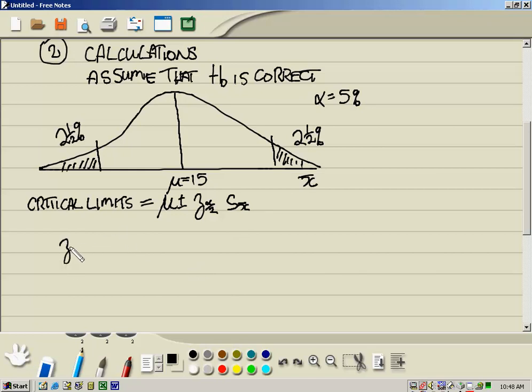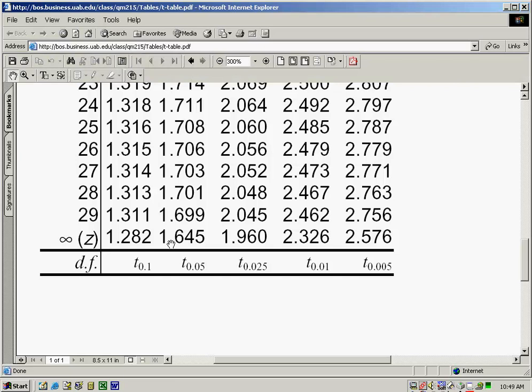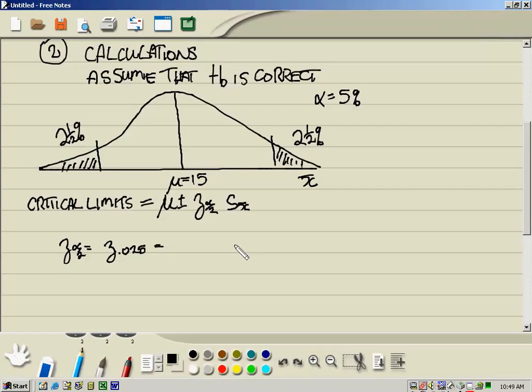From the picture above, the z that we need with half of alpha in each tail is actually the z with 0.025, and as we'd seen a little while ago, the z value with 2.5% in the tail, z is the bottom line of the t-table, so the z value is 1.96. This is the 2.5% column, this is the row for the z, and so 1.96 is our number.